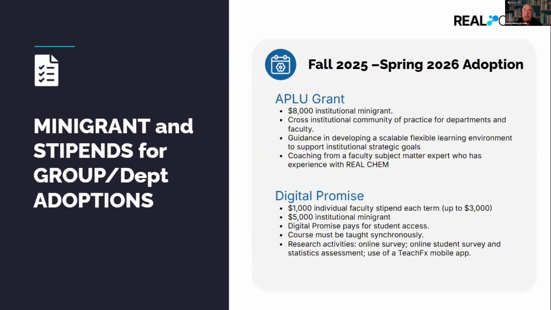The first one, as I mentioned, is by APLU. And there is $8,000 for an institutional mini grant. One of the things that APLU does, I think, uniquely and marvelously, is that they bring collaborations across institutions who are sharing the same priorities, the same goals, the same strategies.